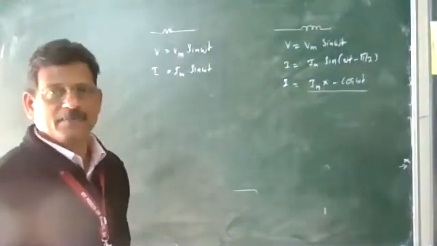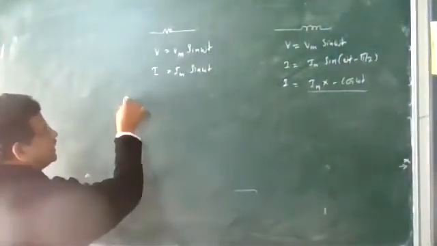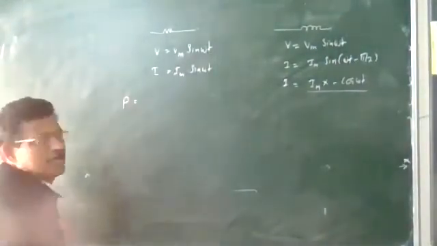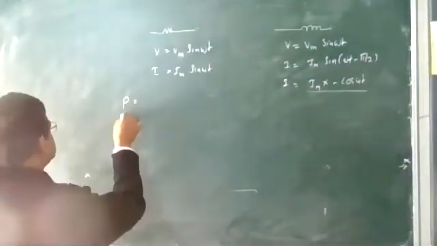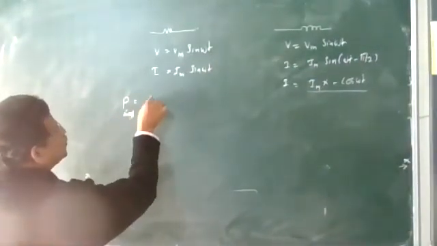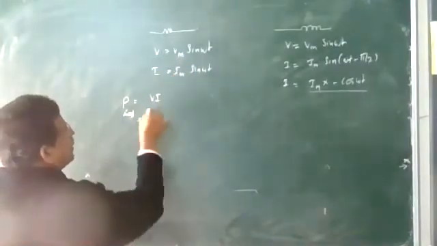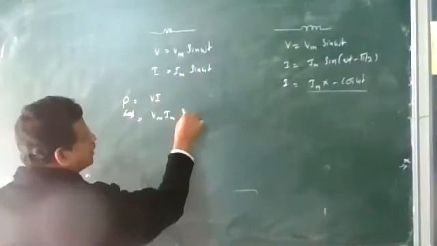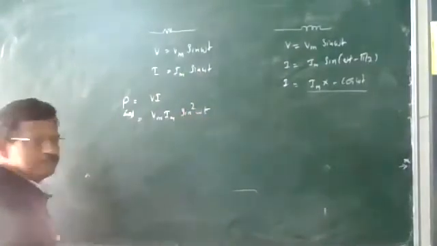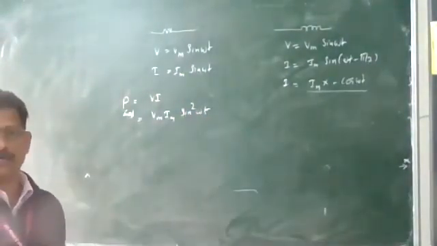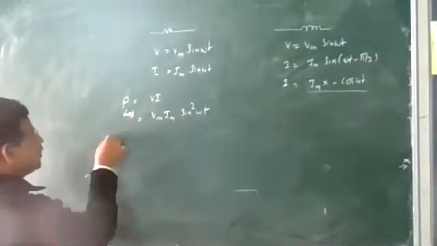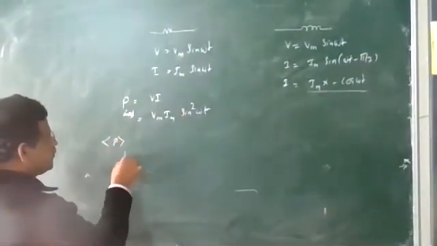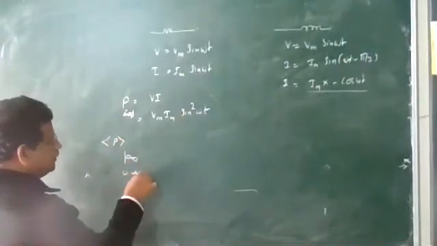So what is the power at any time? The power delivered by the device at any time is called instantaneous power, equal to Vm Im sin square omega t. Now we have to find the average power over the complete cycle, 0 to T.